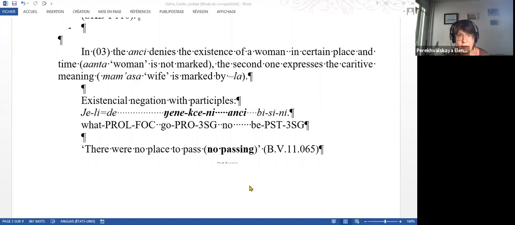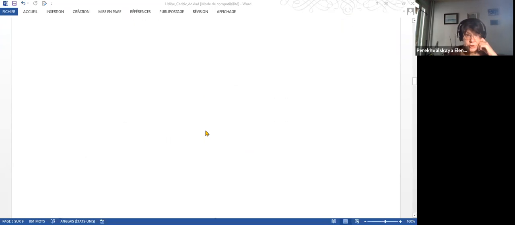However, it has the marker of person and number, and there is no marker of caritive. So we have to classify this usage as existential negation.